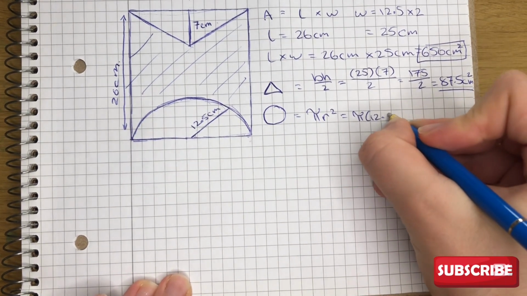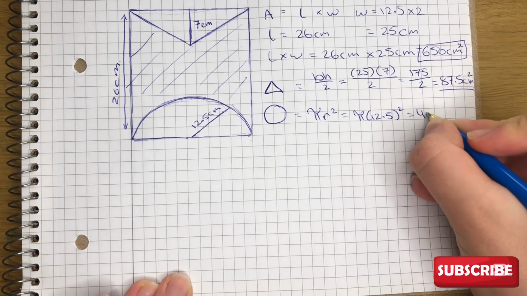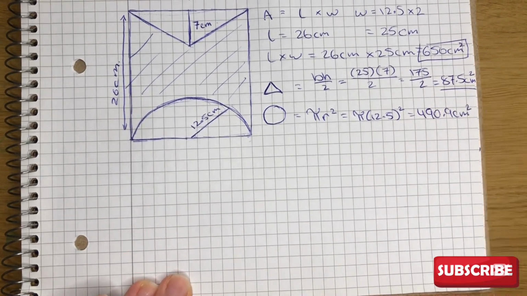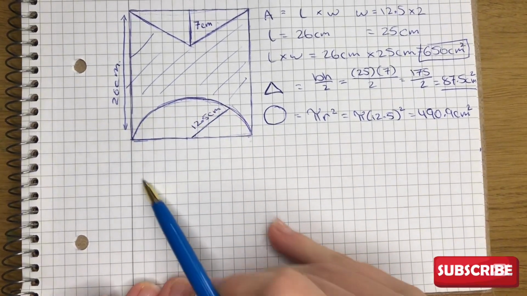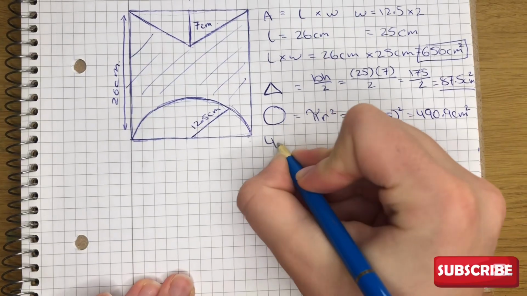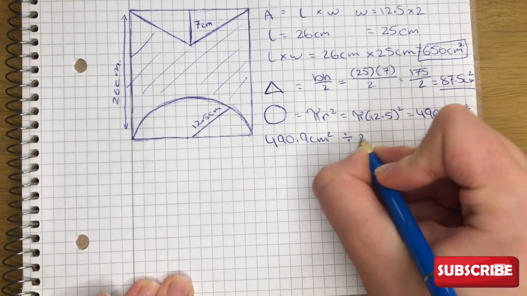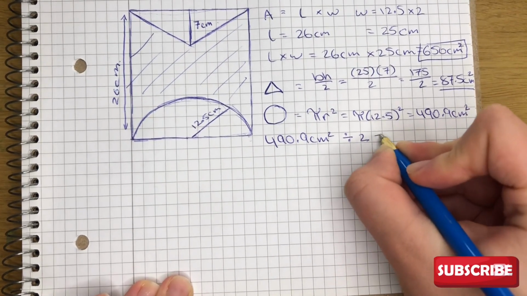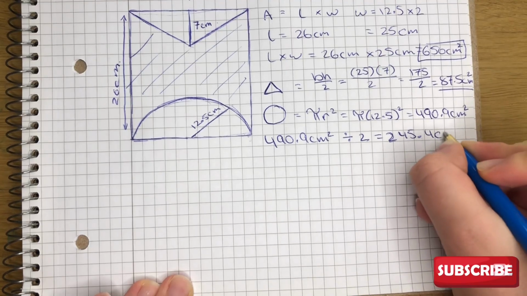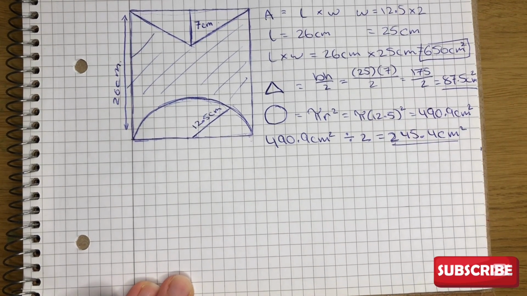So 12.5, I'm going to square that. And that gives us 490.9 centimeters squared. Now that's for the full circle, but we need half. So 490.9 centimeters squared divided by 2 gives us 245.4 centimeters squared. And this is the area of the circle.